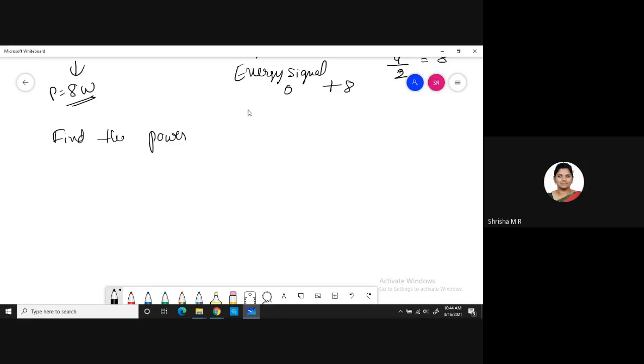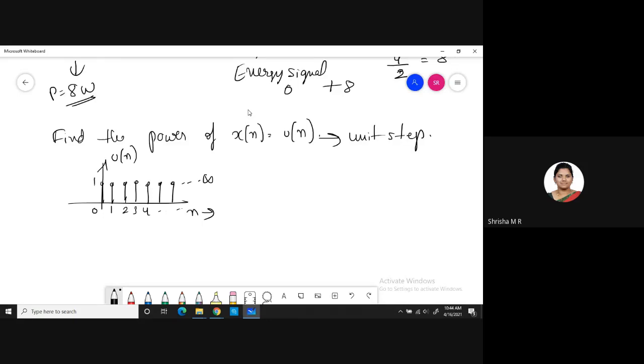So this is a non-periodic signal and you have to find the power of a non-periodic signal. So what is the equation for that? Power of discrete time non-periodic signal. What is the equation? Limit n tends to infinity. Tell me the equation.